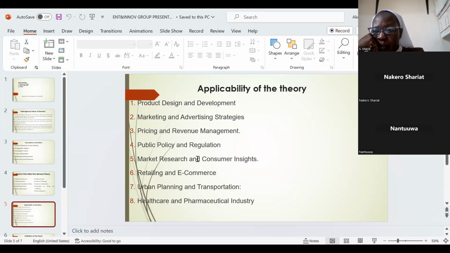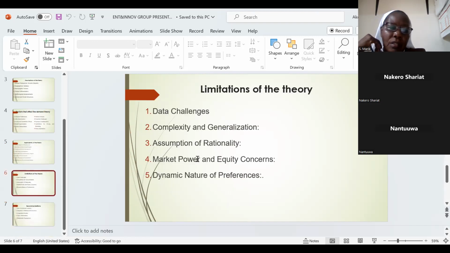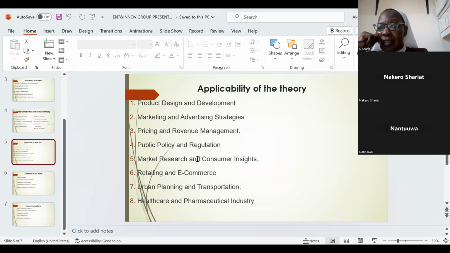Then pricing and revenue. Yes, sister. Did you hear what I asked? Everything said is right. But I would be very grateful if a group comes in and says our research problem is, and in order to understand where the problem is coming from, we are going to use this theory to examine A, B, C, D. Our business is suffering from losing so many customers. So for that purpose, we need to examine this and this and this in order to understand whether we are doing it right.